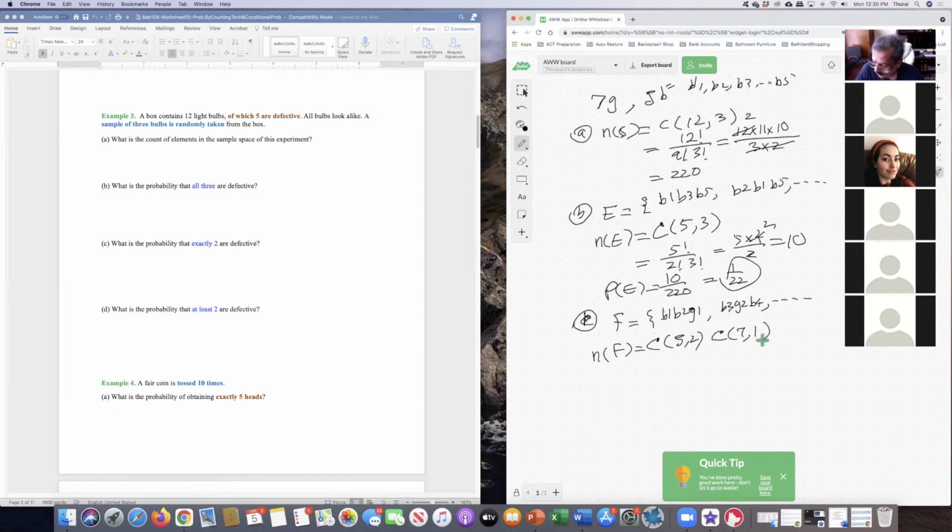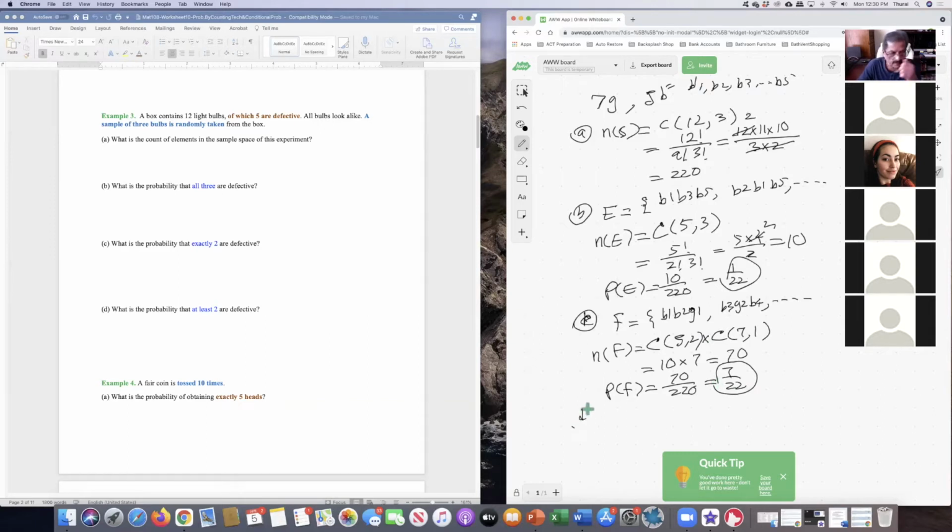There are 7 good ones. 1 of them has to come out of that. And because of the multiplication principle we learned, the product will give you the total number of ways of having that. C(5,2) is the same as C(5,3), that will be 10. C(7,1) is 7, so that's 70. So the probability of F is 70 over 220, equal to 7 over 22.